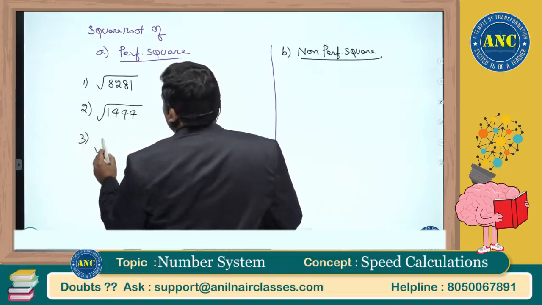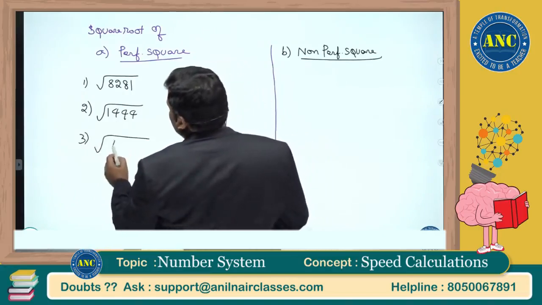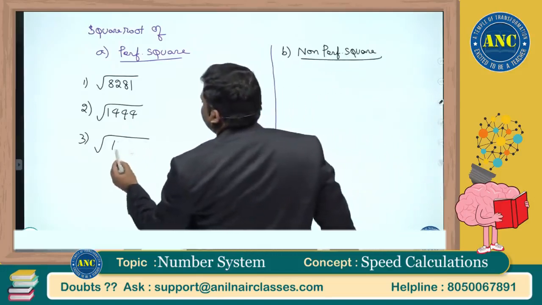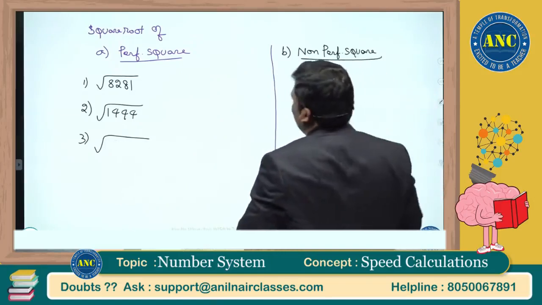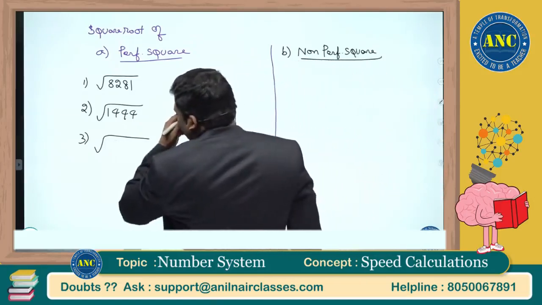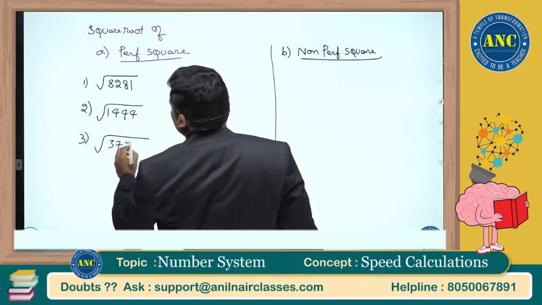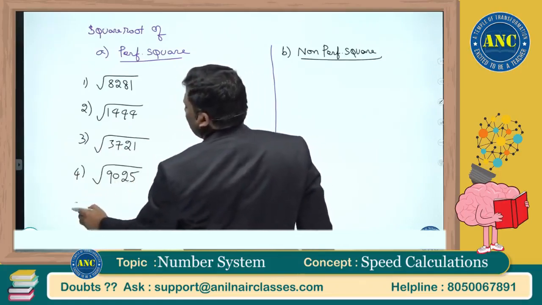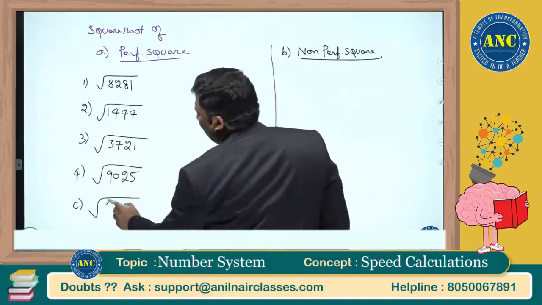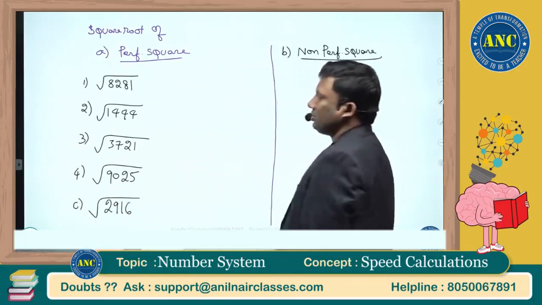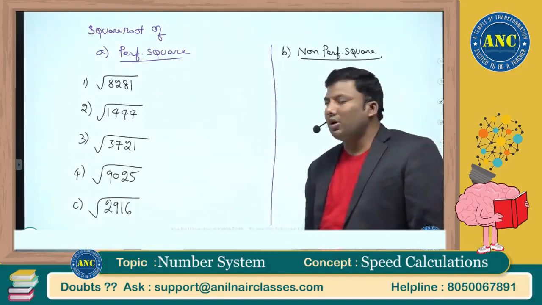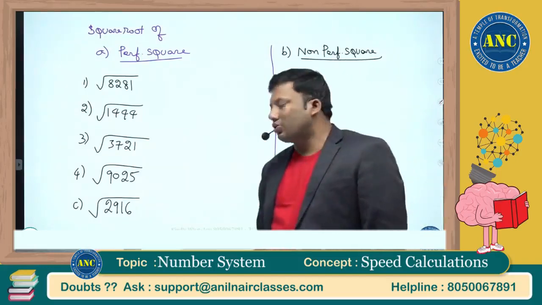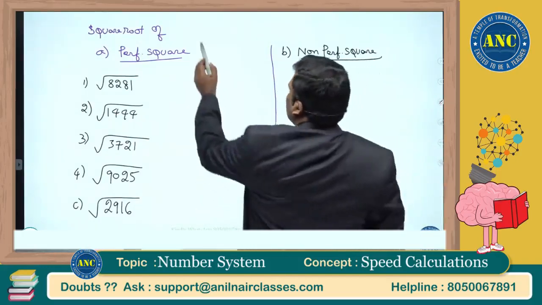Third one, square root of 3721. Square root of 9025. Square root of 2916. What is the logic we will use?